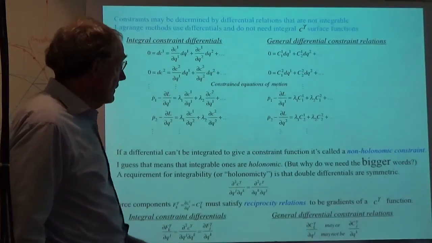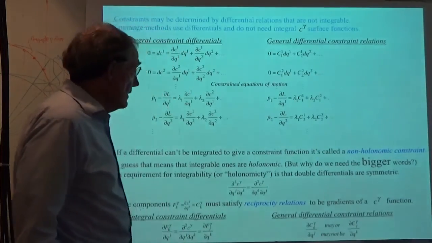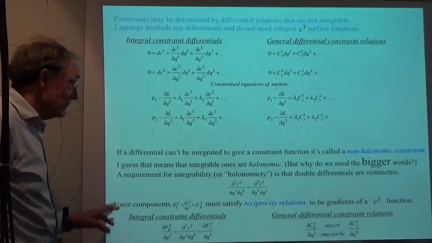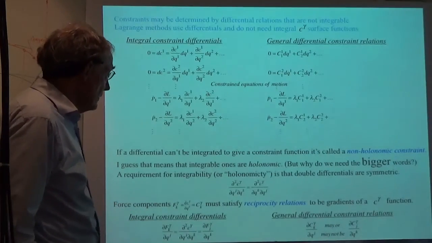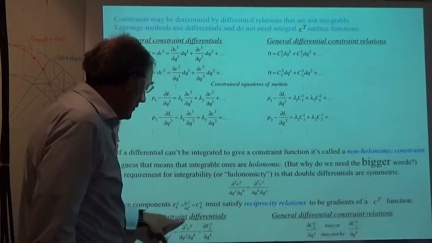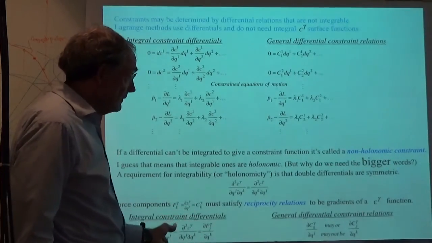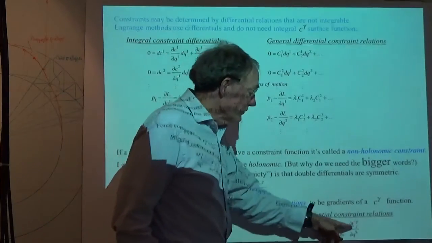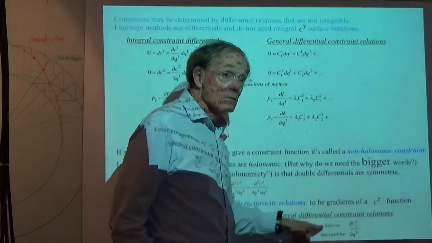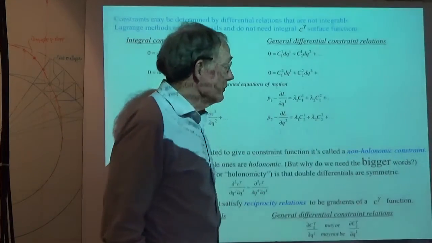Anyway, when you have a situation like that, that's an integrability condition. That's just meaning that the constraint differentials are differentiable and the order doesn't matter. These are not necessarily equal. If they're not, you're definitely in this situation.